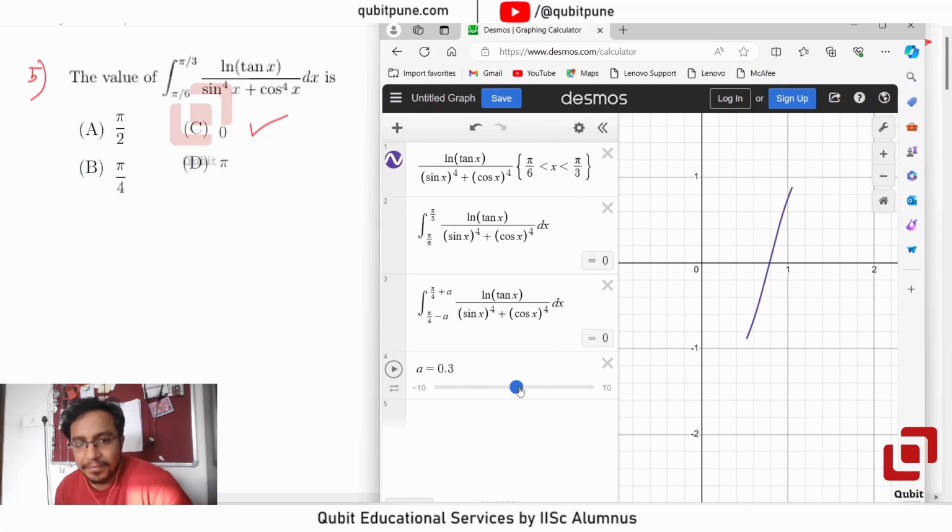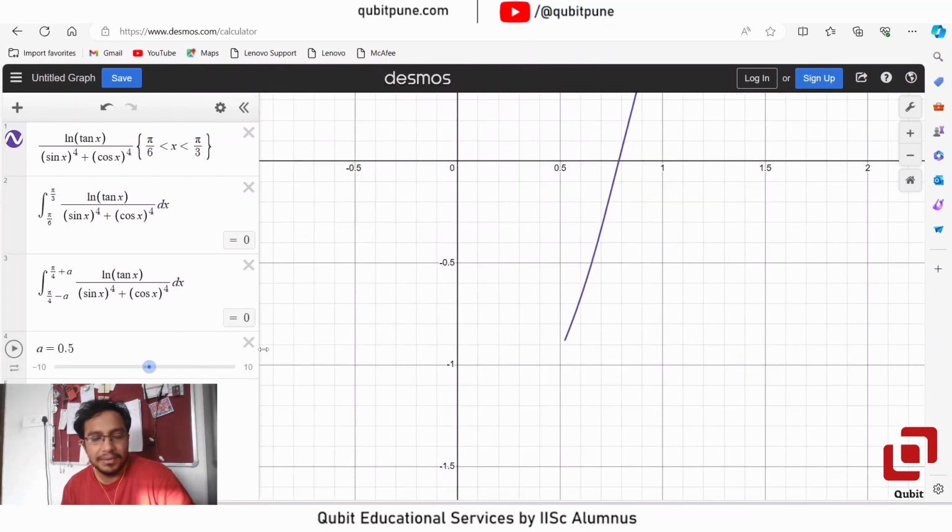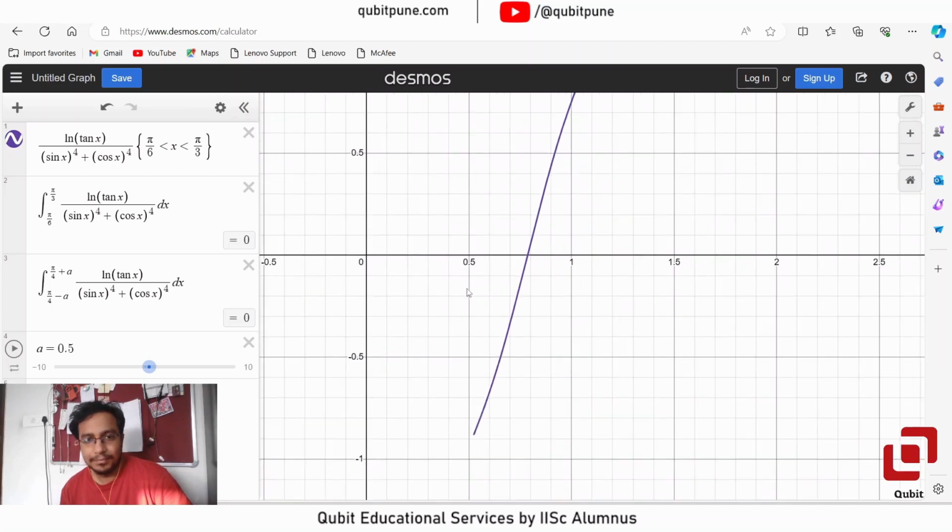Yes, come on. What answers will you give for the range of a for which this integral will be defined, or the function will be defined? Can you tell me that? Is the question clear?